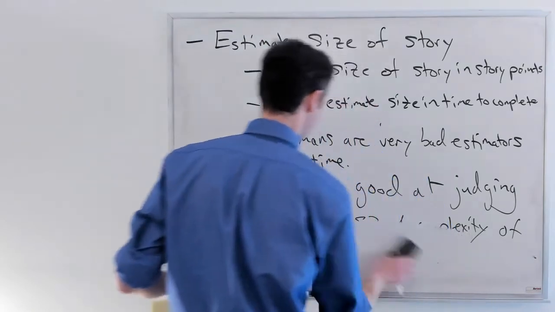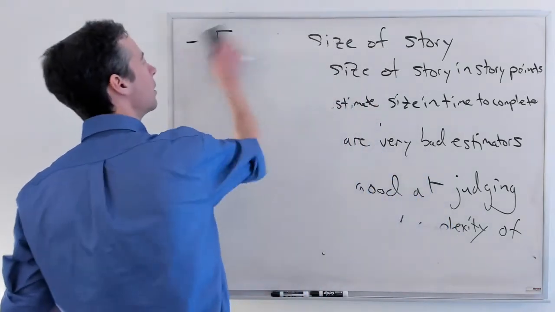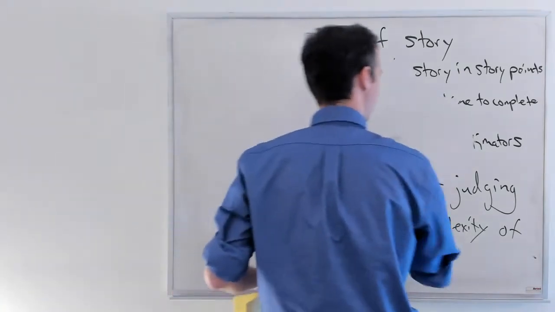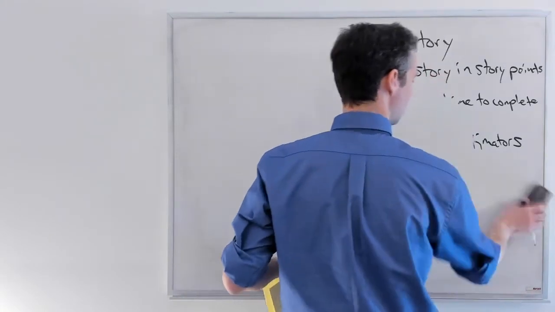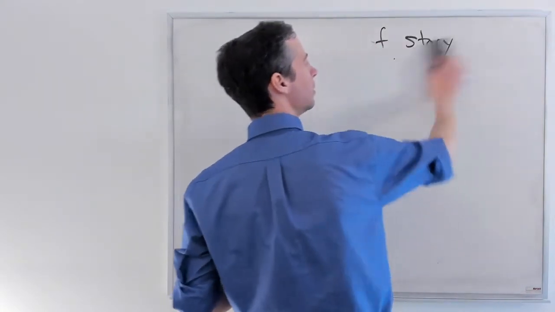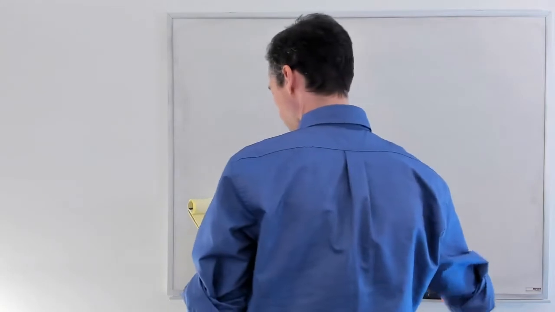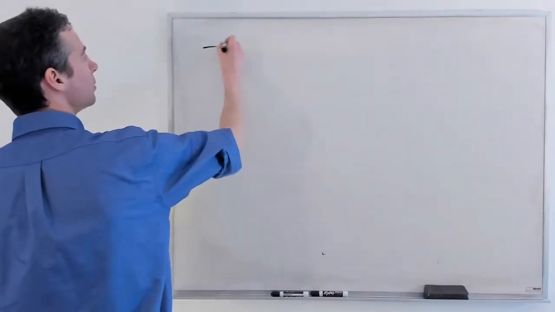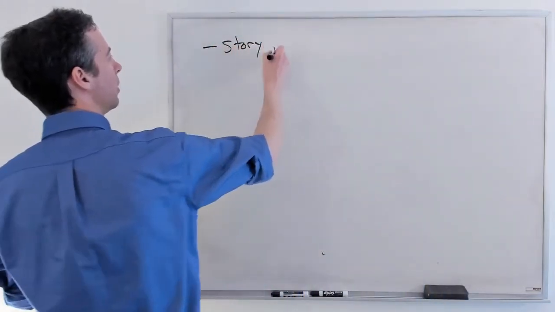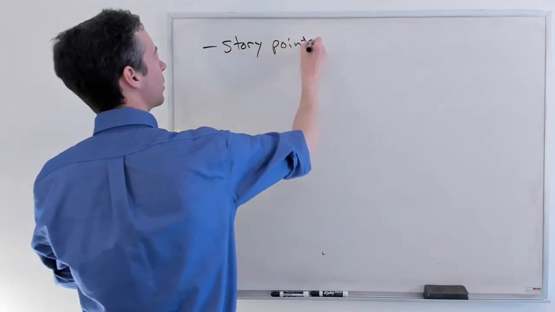So how do we take these story points and ever produce anything that helps us determine how much work can be done in our 2-week sprint? Well, the cool part about story points is it's all about calibration.